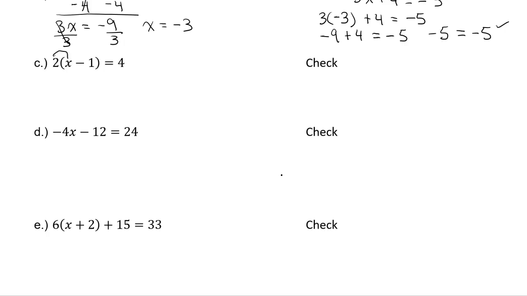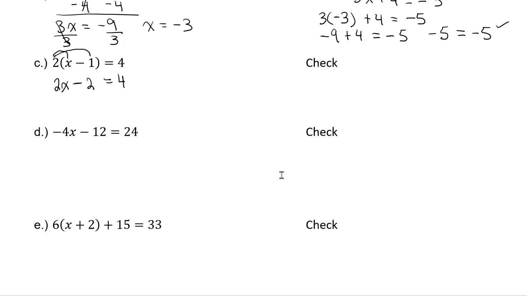So that's 2 times x, which is 2x. And then we have positive 2 times negative 1, which gives me a negative. And then 2 times 1 is 2. And that equals 4.